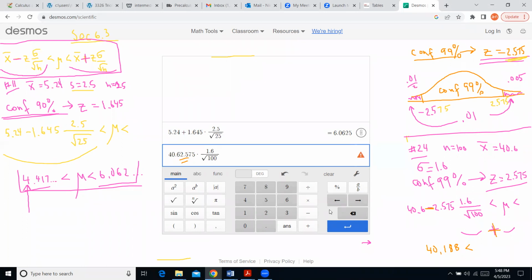So I just put a plus and get 41 and a little something on the other side. So this is my confidence interval, and that's all they wanted.